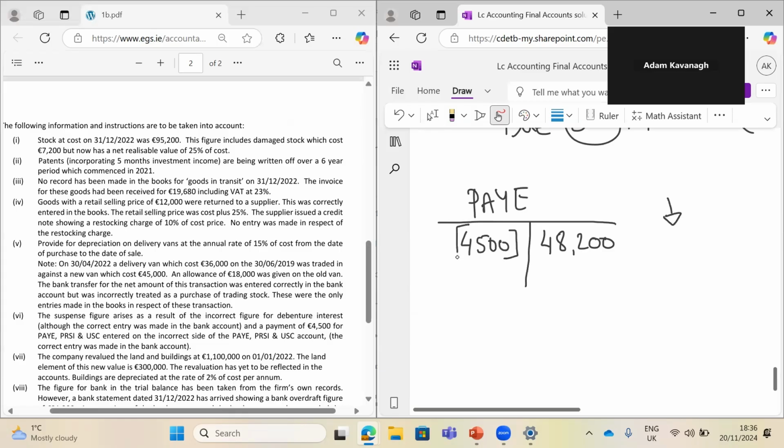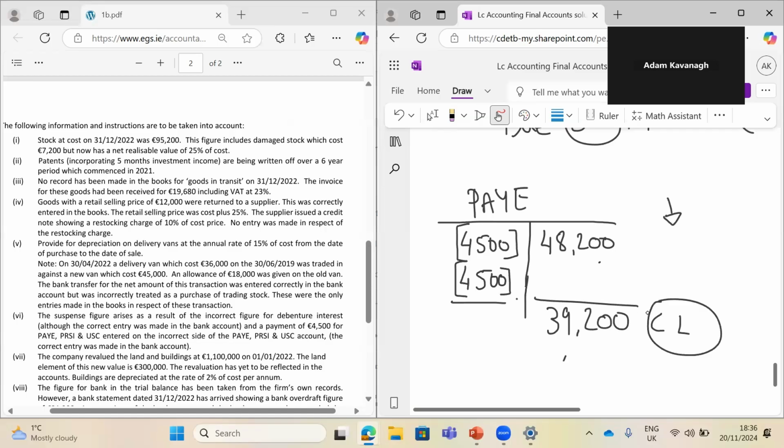Now we've removed the mistake where we entered it on the wrong side, but now we need to look after the actual payment again. So we need to add another 4,500. Because if you enter something on the incorrect side, to fix it, you need to double the amount on the opposite side, which means 9,000 in here, which will bring our PAYE down to 39,200 if you get the difference between those sides. And PAYE is a current liability, so that'll go in the balance sheet.